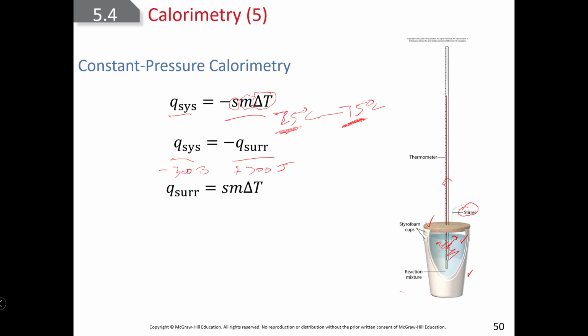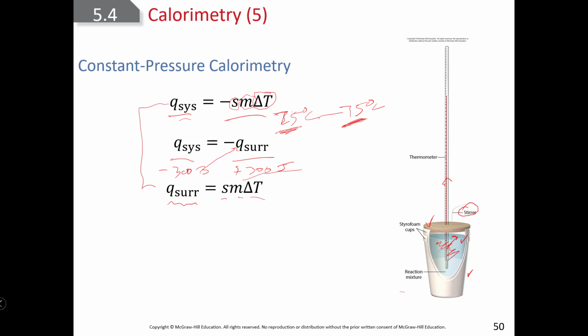So if I put negative 300 in here, negative times a negative gives me a positive 300 here. So Q of the system is negative the specific heat times the mass times the change in temperature. Then the Q of the surroundings would be the positive value of that. All right, so that's what they're trying to tie together here.